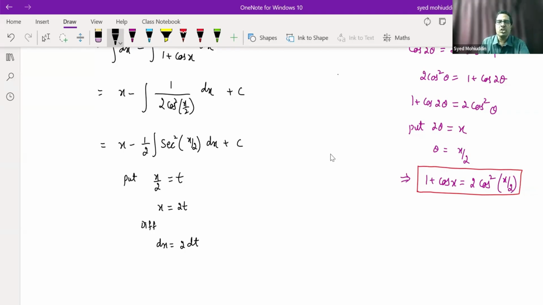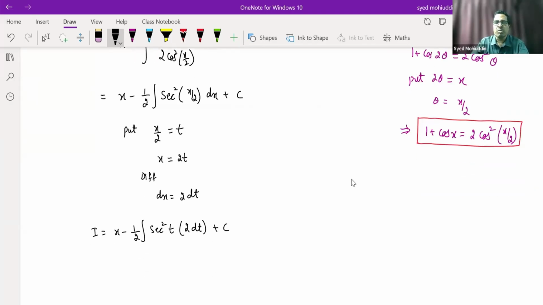Now you can replace this dx as 2 times dt. Therefore, we get integral I equals x as it is, 1 by 2 integral of secant square t, and dx is 2 times dt, plus the constant c.